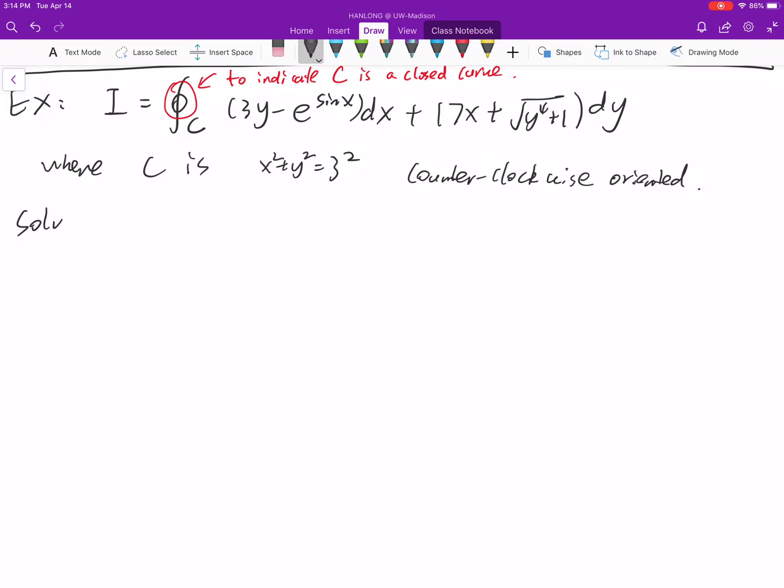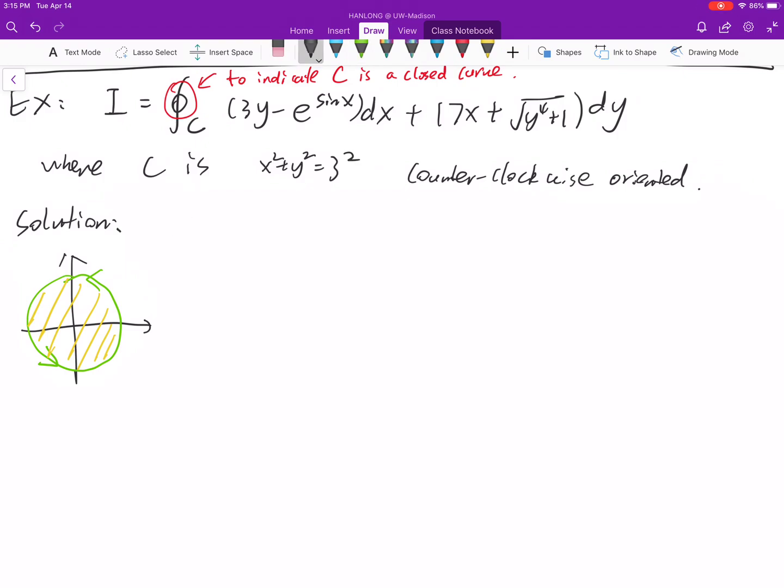So the solution, let's draw a picture. Due to Green's theorem, what do you have?